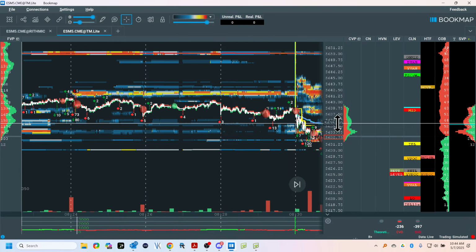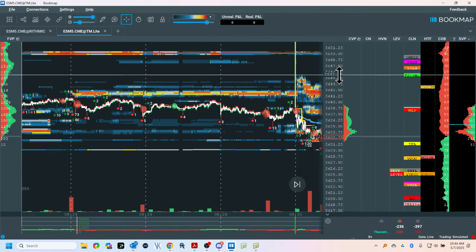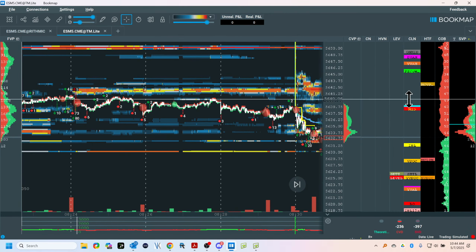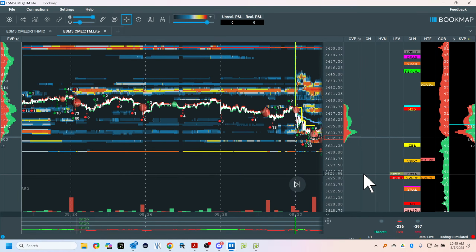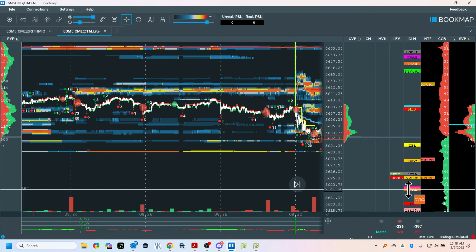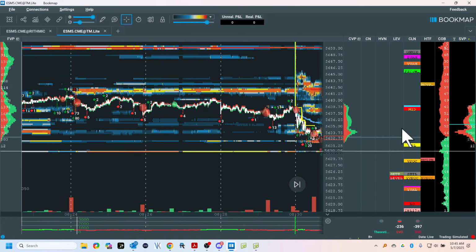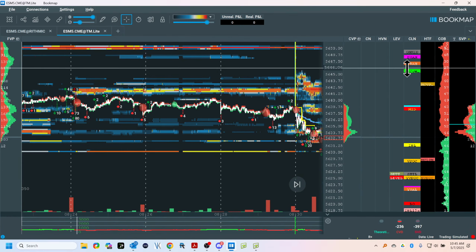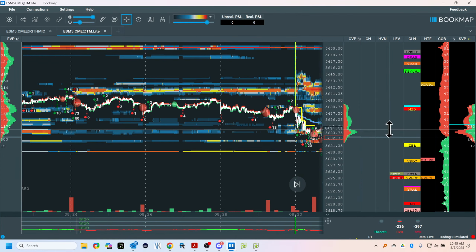Now, here's the context. We're opening in range, in value. What does this mean? I think I lost, where's the RTH open? It's got to be right there. So the value area low is where 70% of the volume between the value area low and value area high took place.